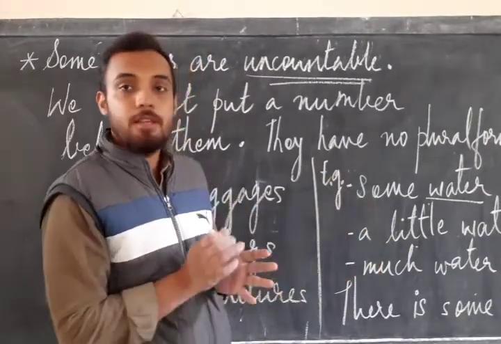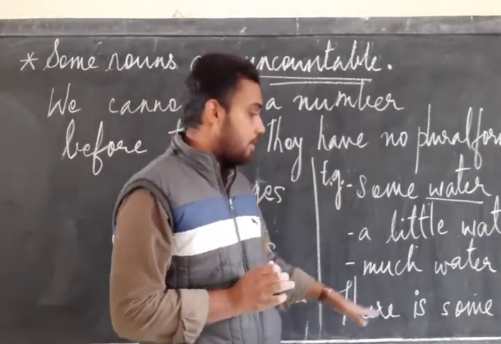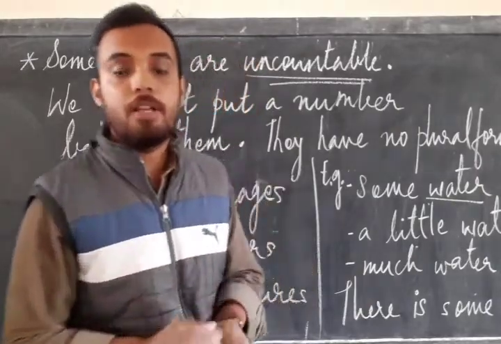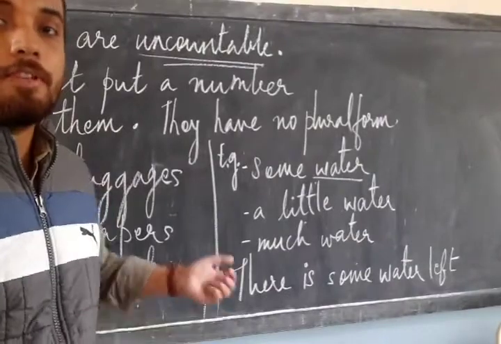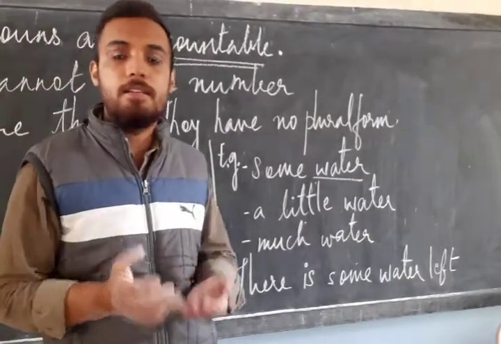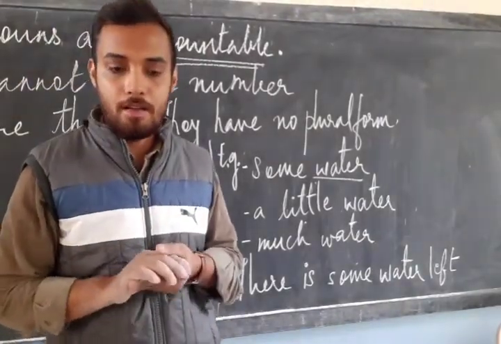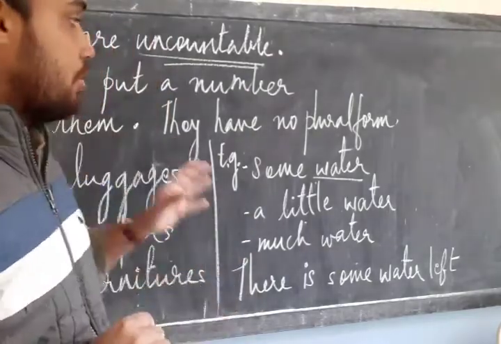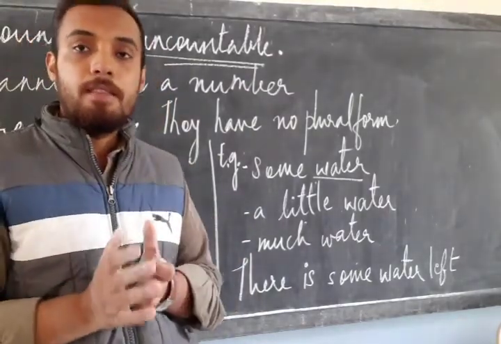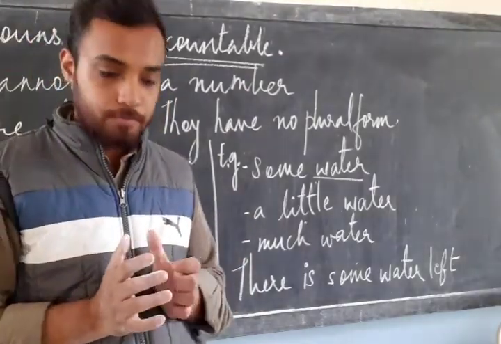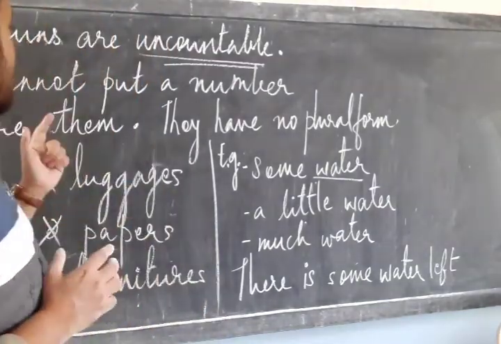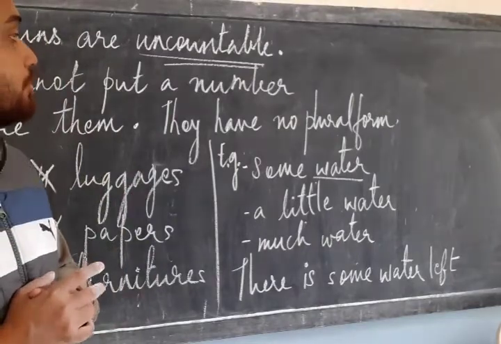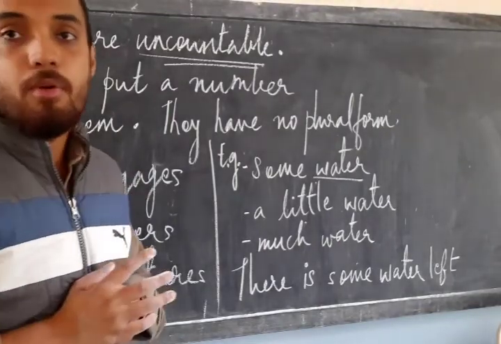We can use some water, a little water, much water. Now understand it with a sentence: There is some water left in the glass. There is a little water left in the glass. So remember one thing: with uncountable nouns, we don't put numbers before them, and they have no plural form.